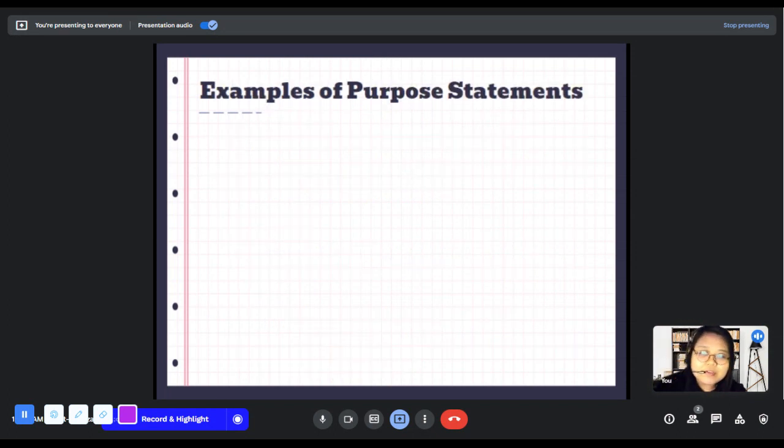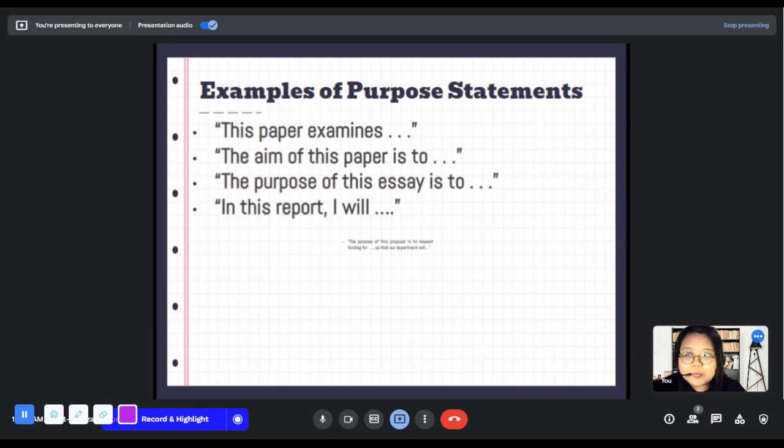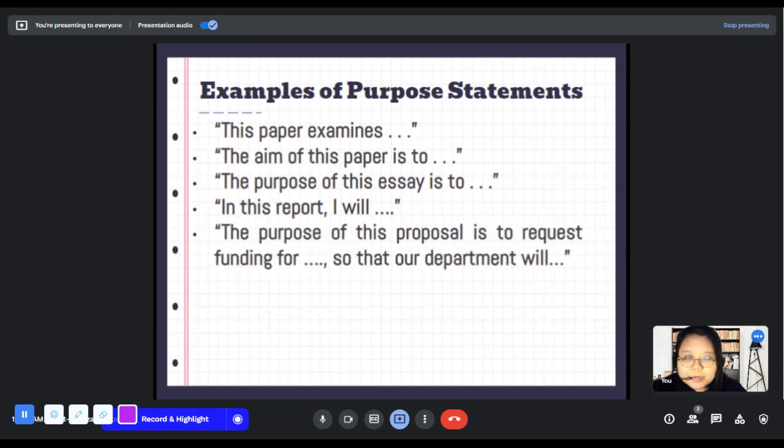We have here some examples of purpose statements. These are just beginner starters when you are writing. This paper examines, the aim of this paper is to, the purpose of this essay is to, in this report I will, the purpose of this proposal is to request funding so that our department will.